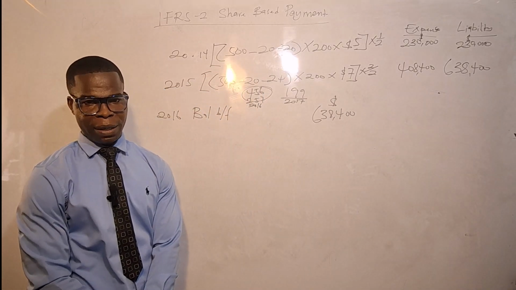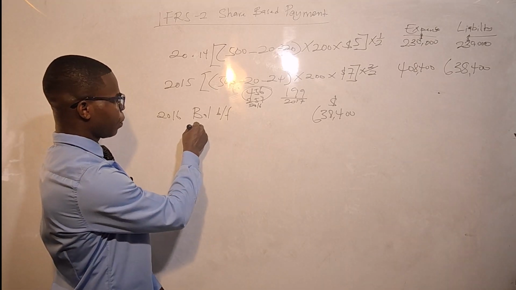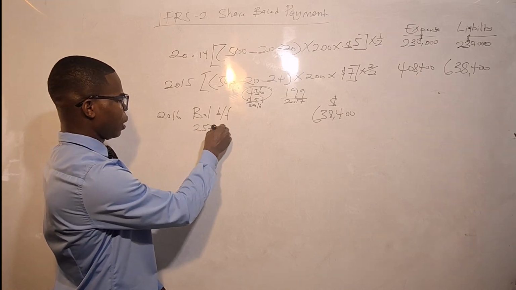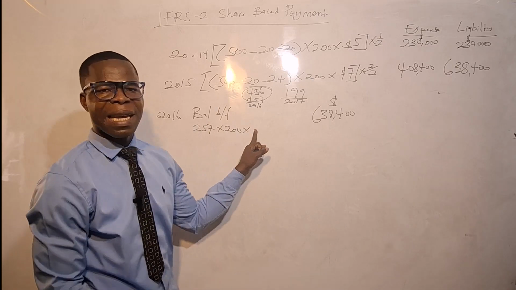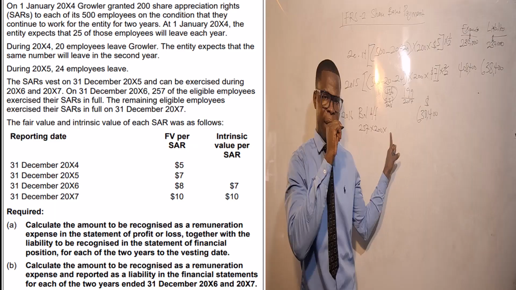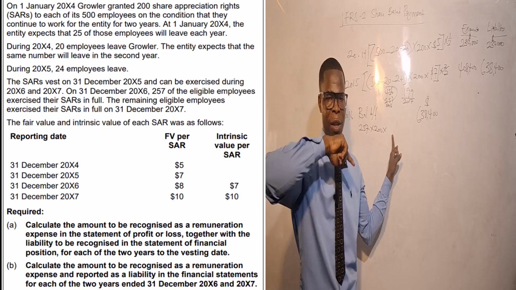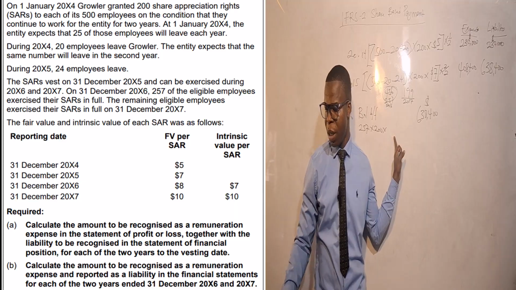The exercise price in this question is going to be the 257 employees multiplied by the share option given to them, 200, multiplied by the intrinsic value of 2016. Remember that they will exercise this right at the intrinsic value, and in this case, it's going to be $7.